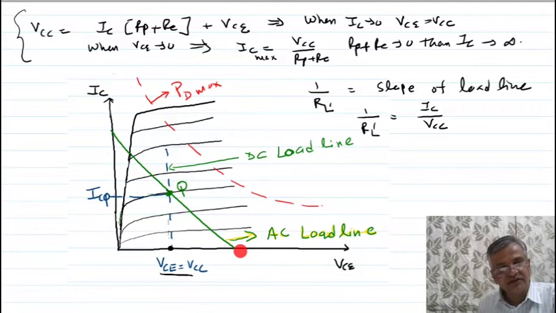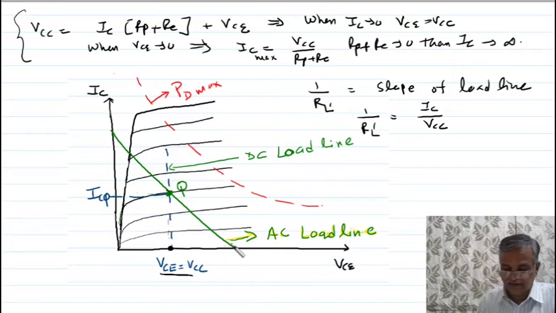The AC load line should be drawn in such a way that the maximum voltage V max should not be greater than the maximum collector emitter voltage.